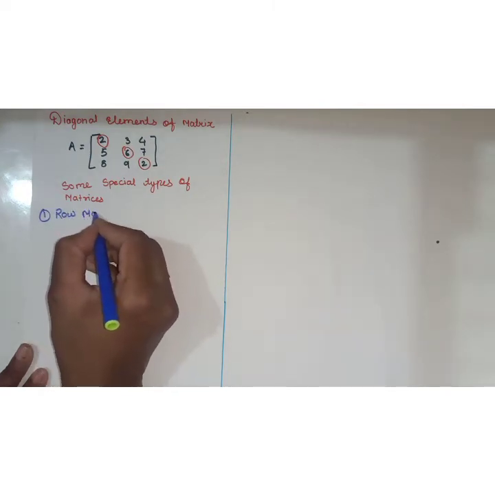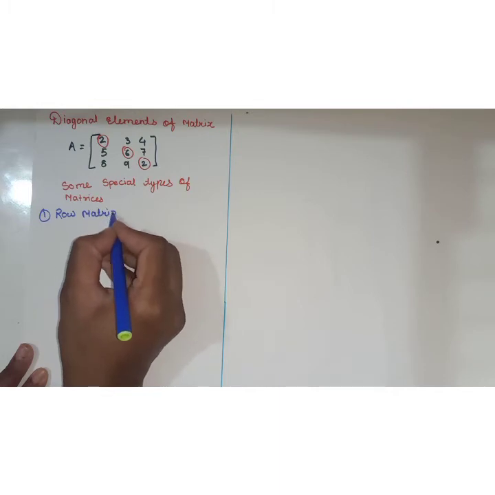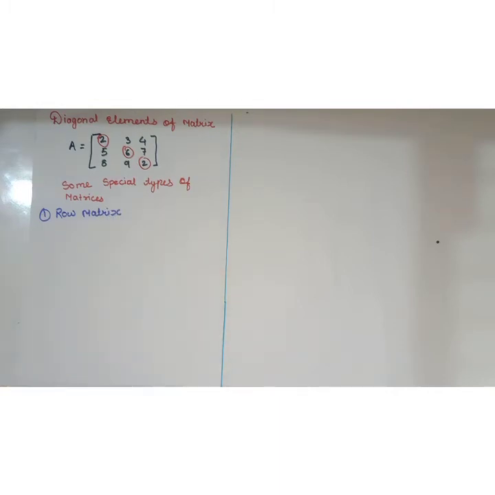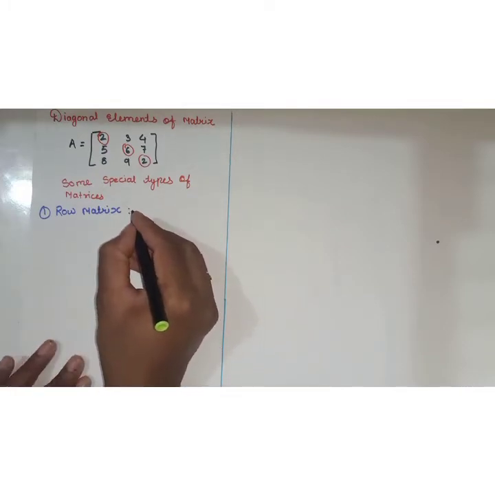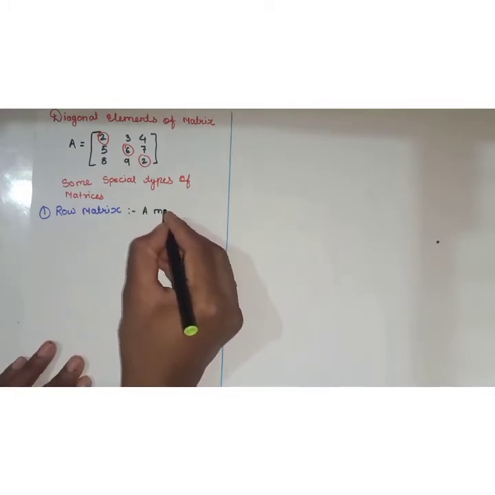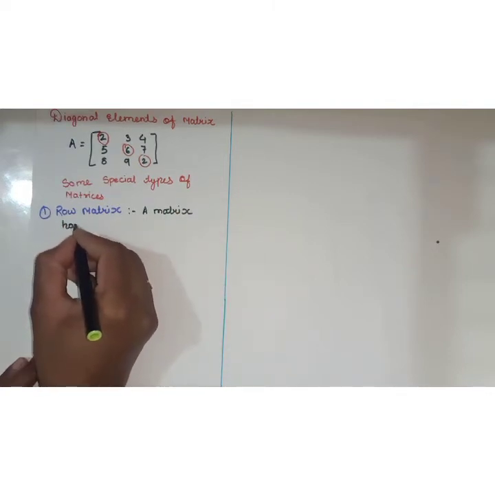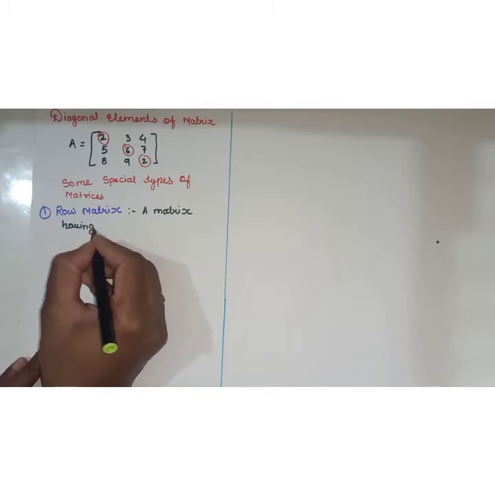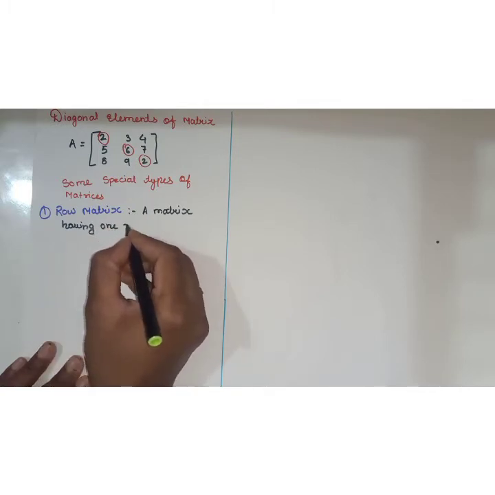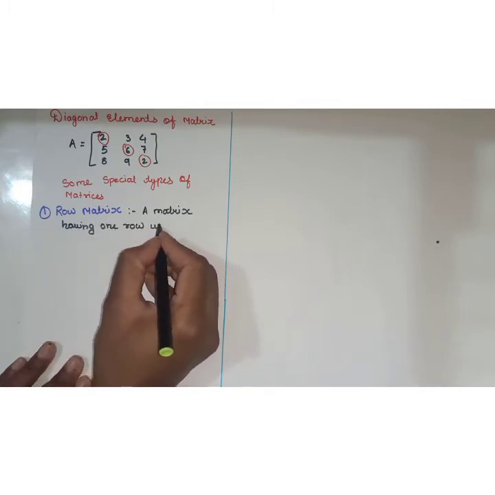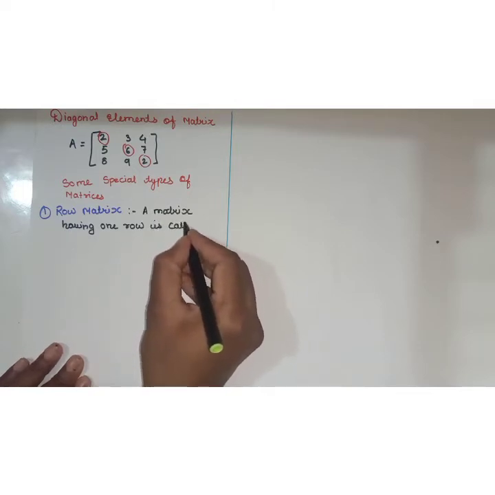What is a row matrix? A matrix having one row is called a row matrix. Means if a matrix has just a single row, it is called a row matrix.